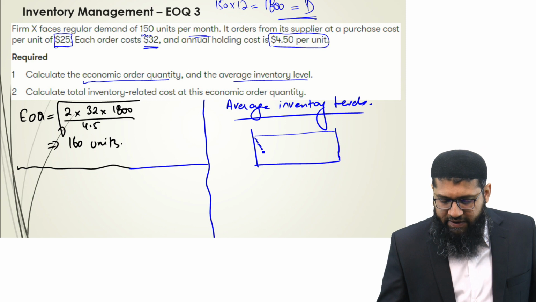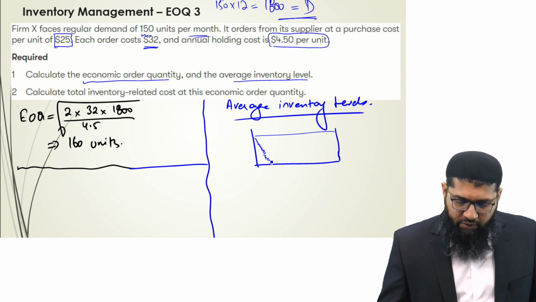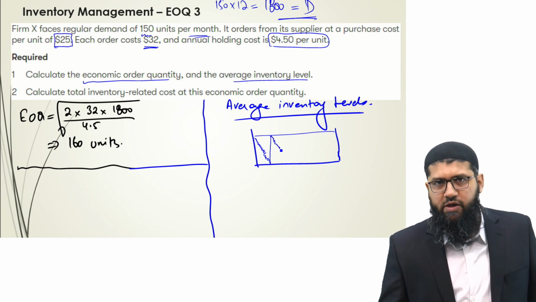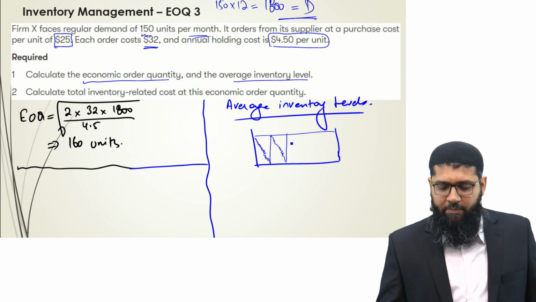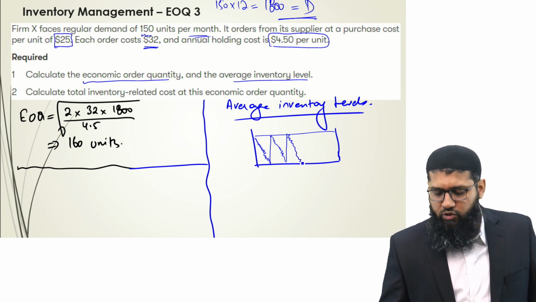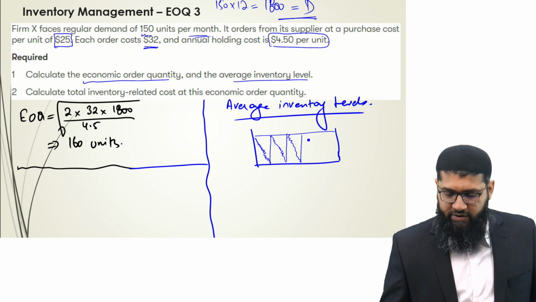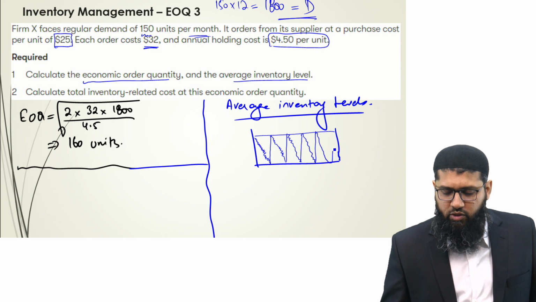You consume inventory, it reaches, let's say, 0 level, and then you replenish the inventory. You consume, you reorder, it gets replenished. You consume, you reorder, it gets replenished. Consume, order, replenish. Consume, then replenish.